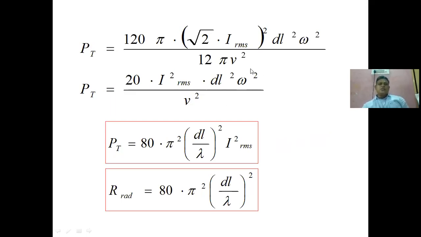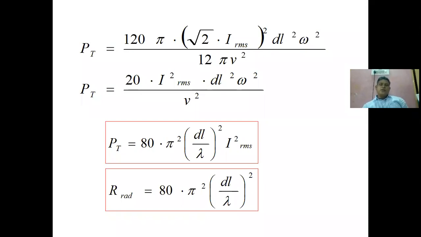What is omega? Omega is equal to 2 pi f. Omega square means 4 pi square f square.